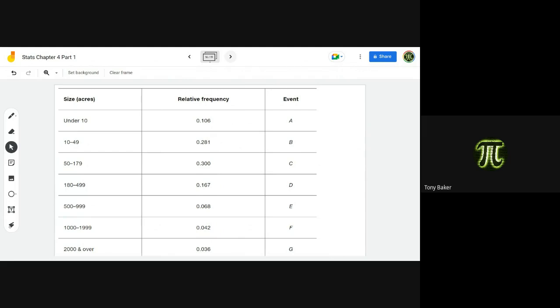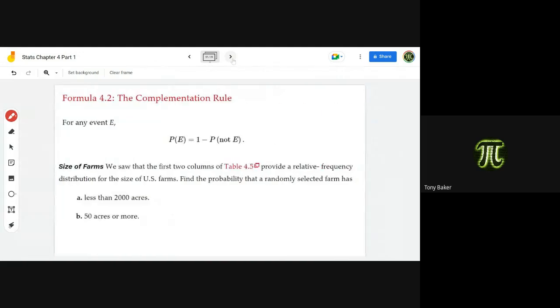So if I was to ask you, what is the probability that the person has under 180 acres? How would you find me that answer? Under 180, everything under 180. Right. So if I said under 180, I'd be adding up those three probabilities, correct?